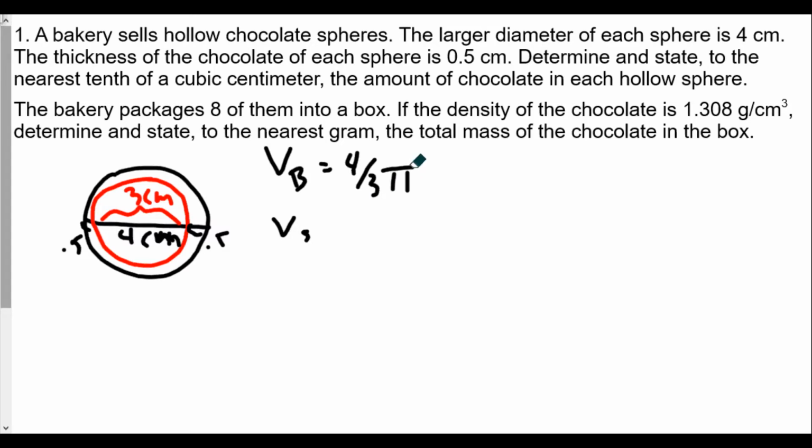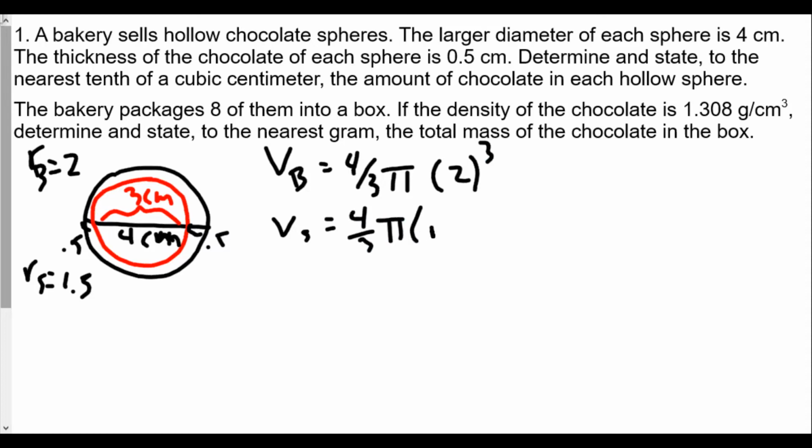The big radius is half of 4, which is 2, while the small radius is half of 3, which is 1.5. So the volume of the big sphere is 4/3 pi times 2 to the third, and the volume of the small sphere is 4/3 pi times 1.5 to the third power.